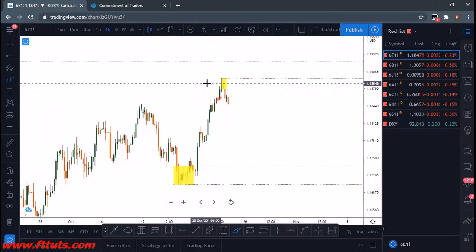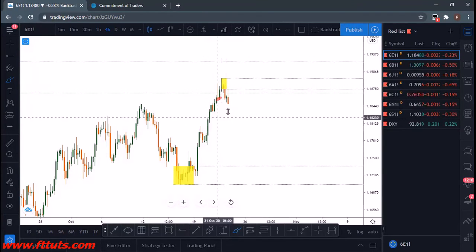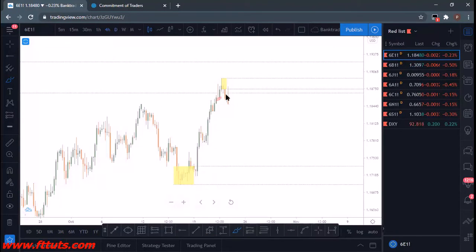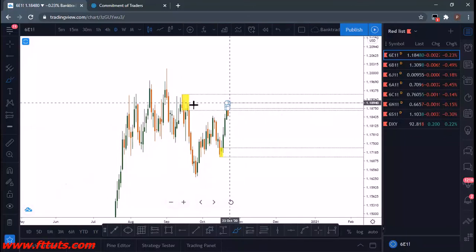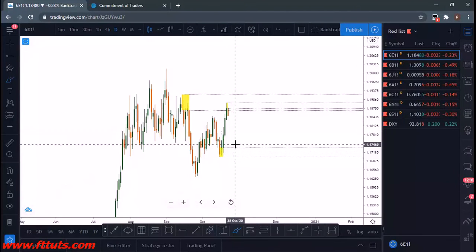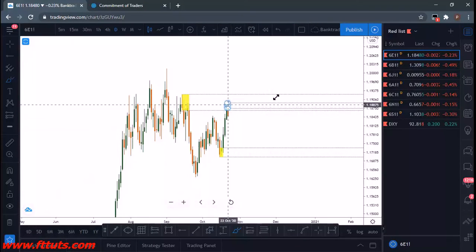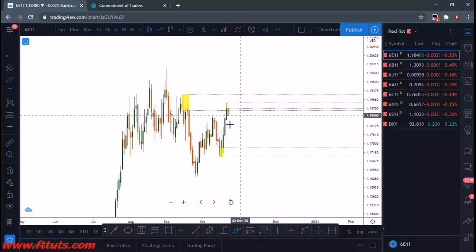So you should rather be selling here. If you're going to be taking a trade here, it should be a sell trade. You cannot be buying here. There's no one who's interested in buying at an expensive price. You'd rather be buying down here, but here you need to be selling.